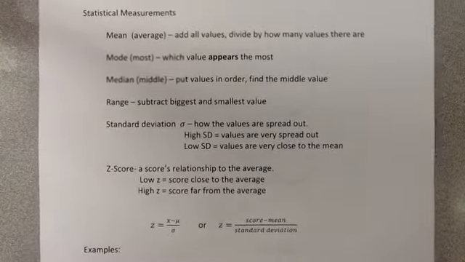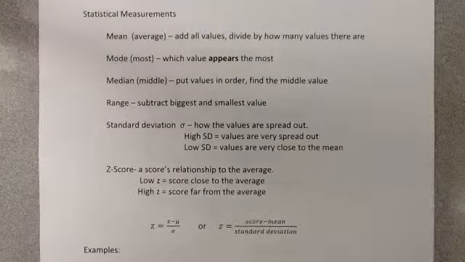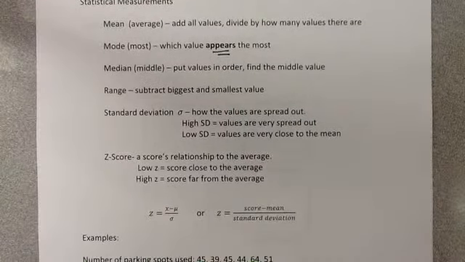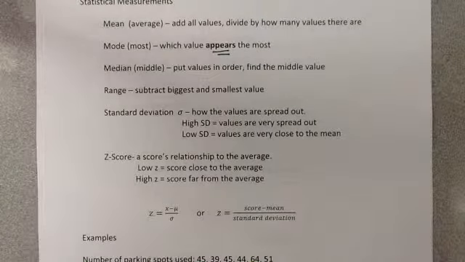The next big part, and you'll probably want to pause this here, is going over these different types of statistical measurements. Most of these should probably sound familiar to you. Mean is the average. You add them all up, divide by how many there are. Mode is the one that appears the most. Most people get it confused and think that it is the one that is the most.